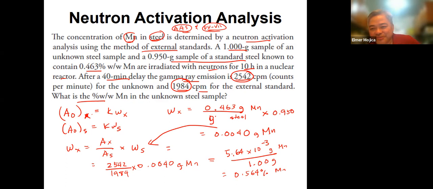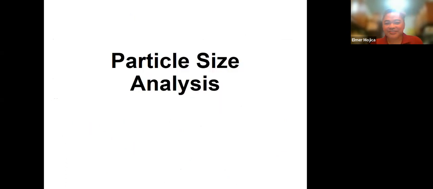So, question. Because we are done with the radiochemical method. This particle size, the one I put is very easy. There are a lot of what we call particle size analysis, but I just narrowed it down to our study guide. Okay?